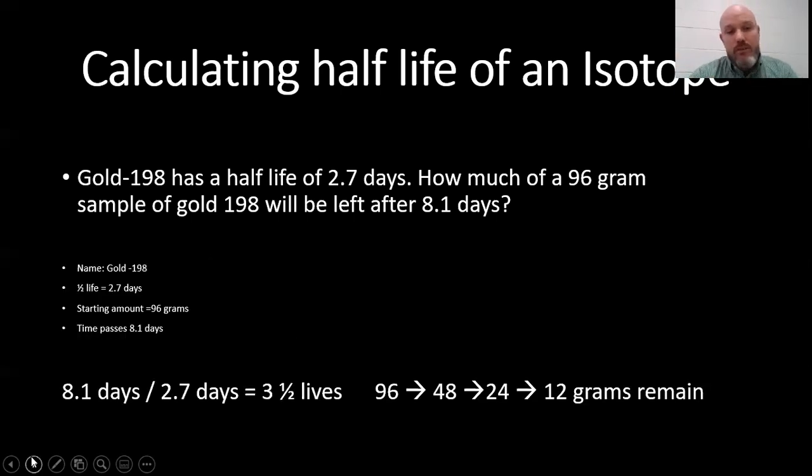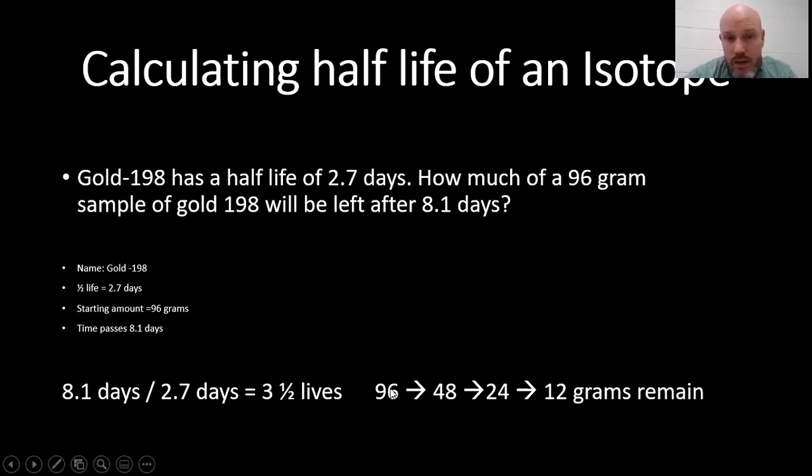So if we use our givens, the first thing I would do, I know that the half-life is 2.7 days. I know that 8.1 days has passed. So if you do 8.1 days and you divide by one half-life of 2.7, you get 3 half-lives. So 3 half-lives have passed in 8.1 days. So then what you do is simple.